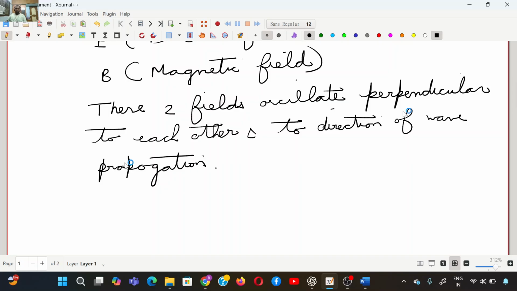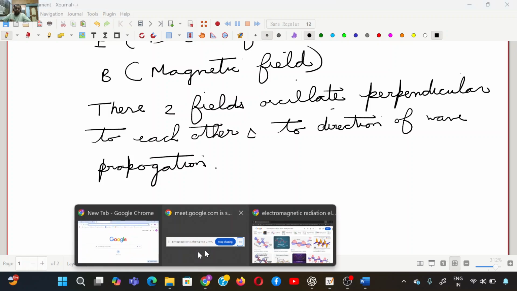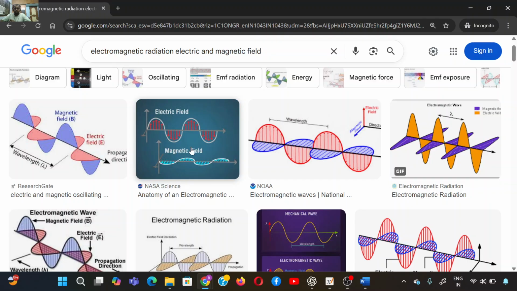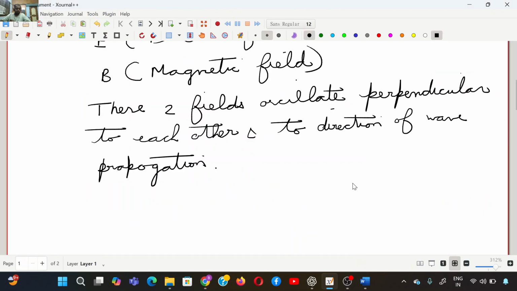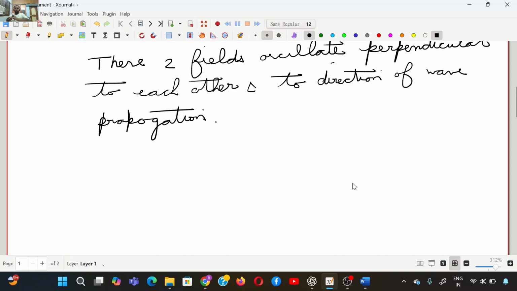Okay, so as I showed you in the picture, these two fields are perpendicular to each other and also perpendicular to the direction of wave propagation. See in the picture. There are a number of videos on YouTube also. You can check how they oscillate.